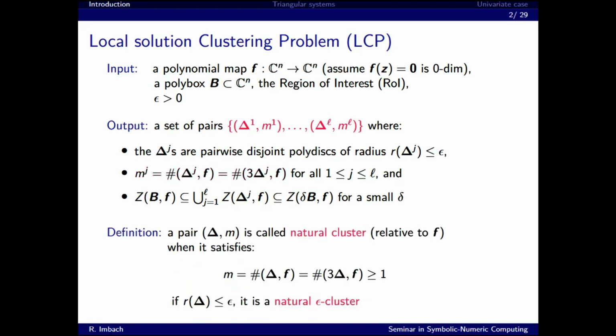So pairs delta M, where M is greater than or equal to 1 and is equal to the number of solutions in delta and in 3 delta, are called natural clusters. And when the radius of delta is less than epsilon, it is a natural epsilon cluster.